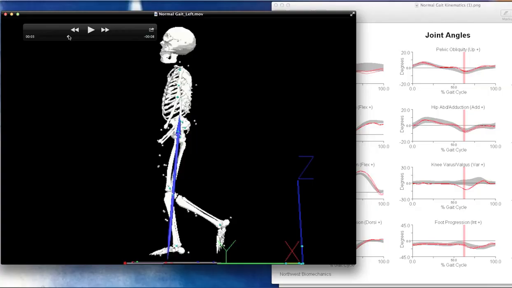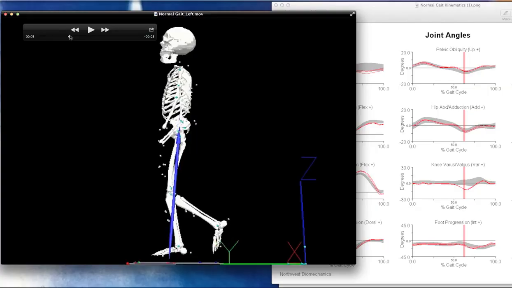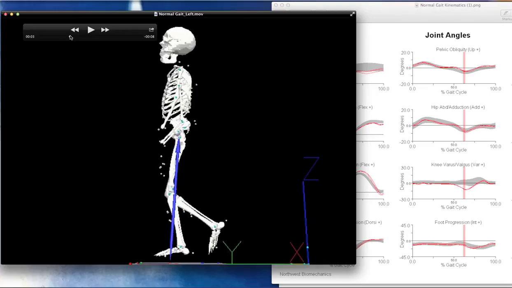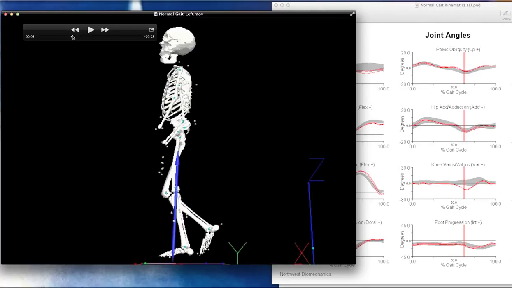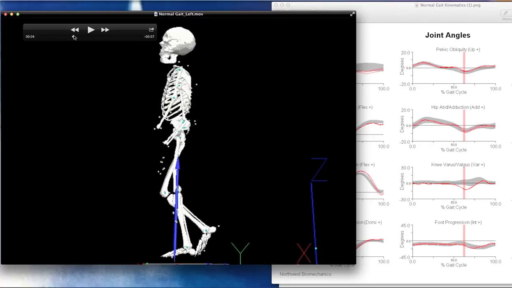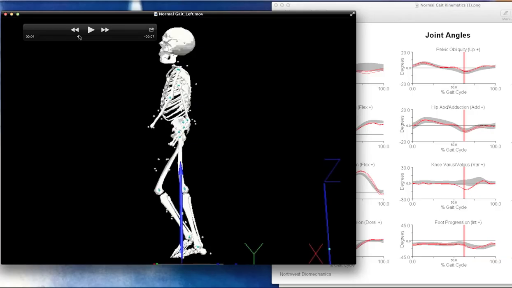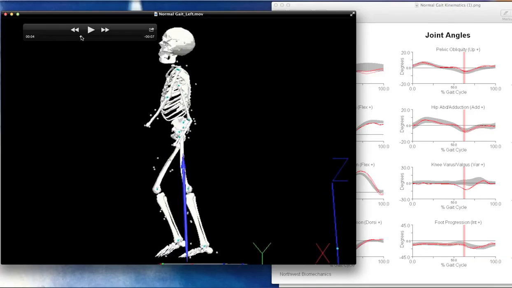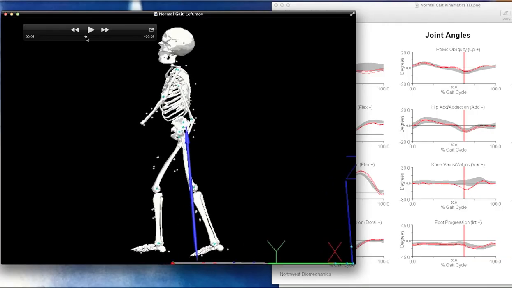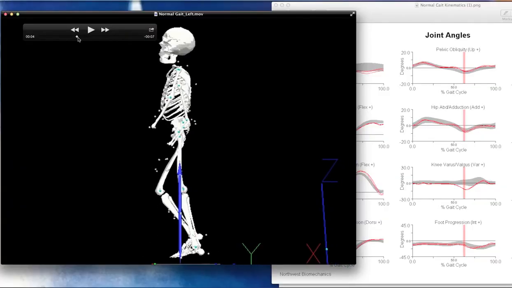During late stance, the ankle is going to have peak dorsiflexion occur, and then we're going to start to transition from peak dorsiflexion into plantar flexion. Now we're definitely into late stance.